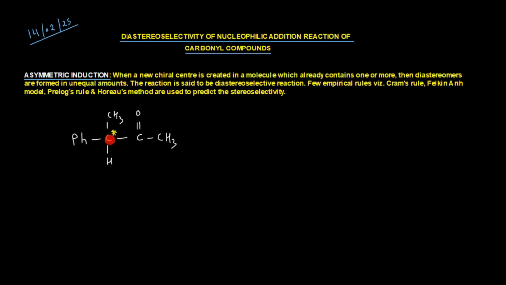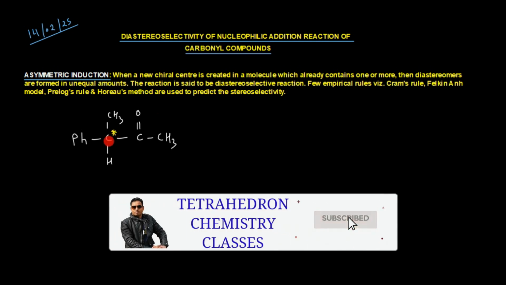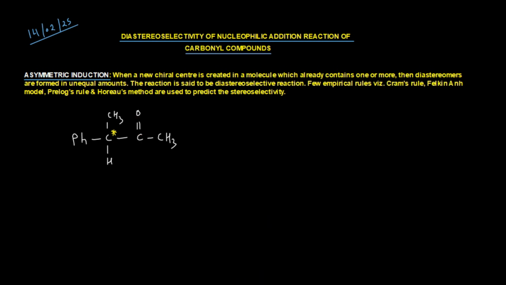Then it is an asymmetric carbon. So here this phenyl is there, benzene is there, and here methyl is there, and hydrogen is here, and this is the rest of the group. So this is your carbonyl carbon, and just next to it you have the chiral carbon, in the vicinity of this carbonyl carbon.